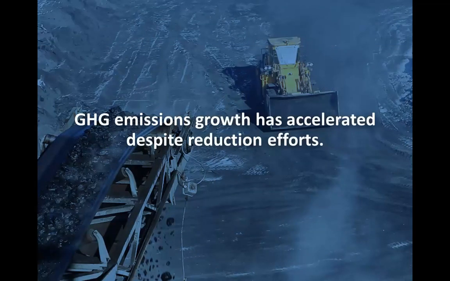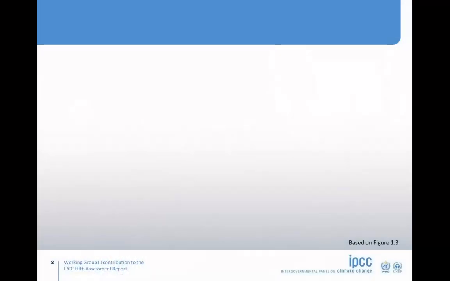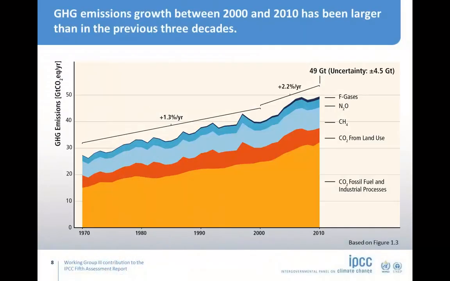So GHG means greenhouse gas. So greenhouse gas emissions growth has accelerated despite reduction efforts. So at a period when we need to be reducing greenhouse gas emissions, over the previous years it's actually been accelerated. And the greenhouse gas emissions growth between 2000 and 2010 has been larger than in the previous 3 decades.